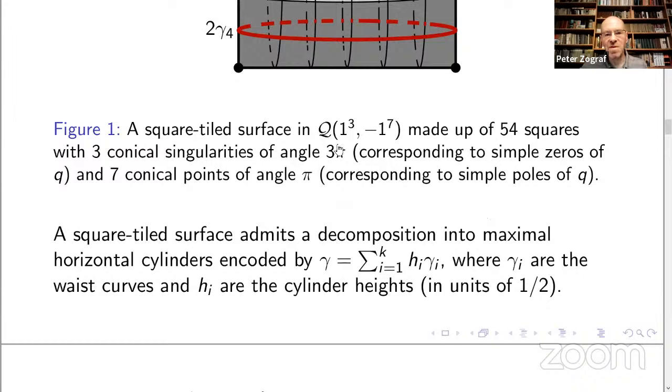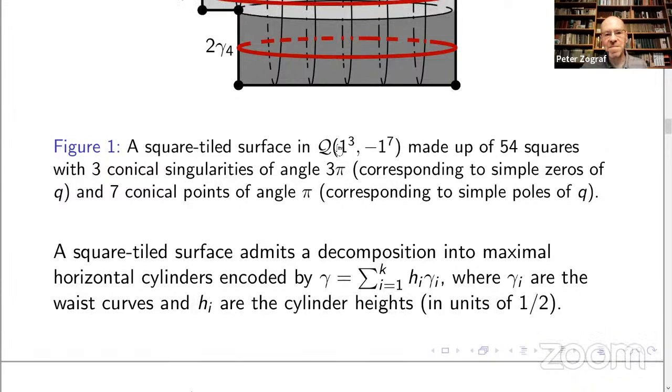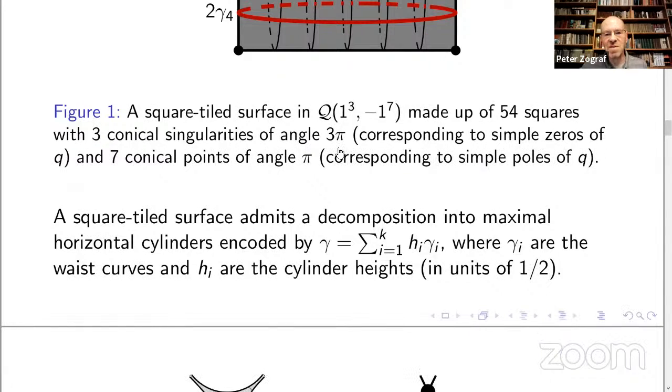Another important thing about square tile surfaces is that it admits a decomposition into maximal horizontal cylinders encoded by the waist curves of the cylinders and their heights.